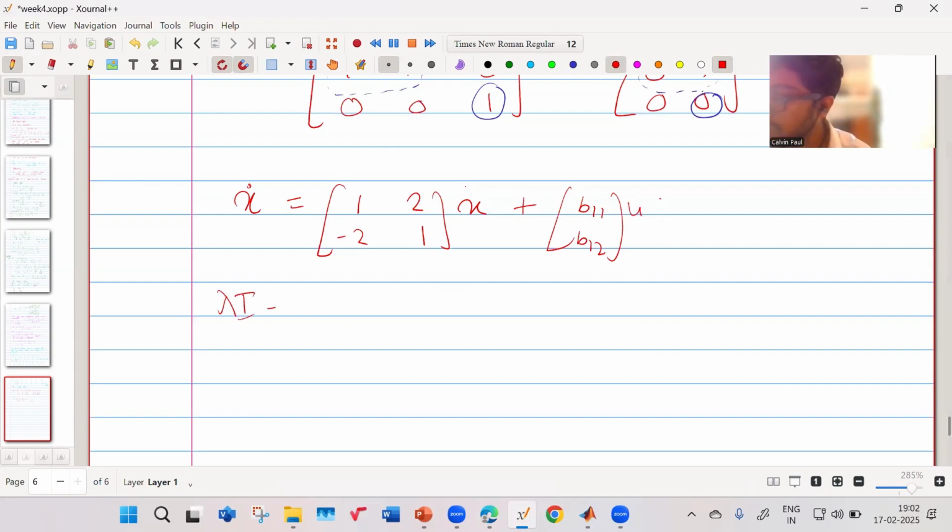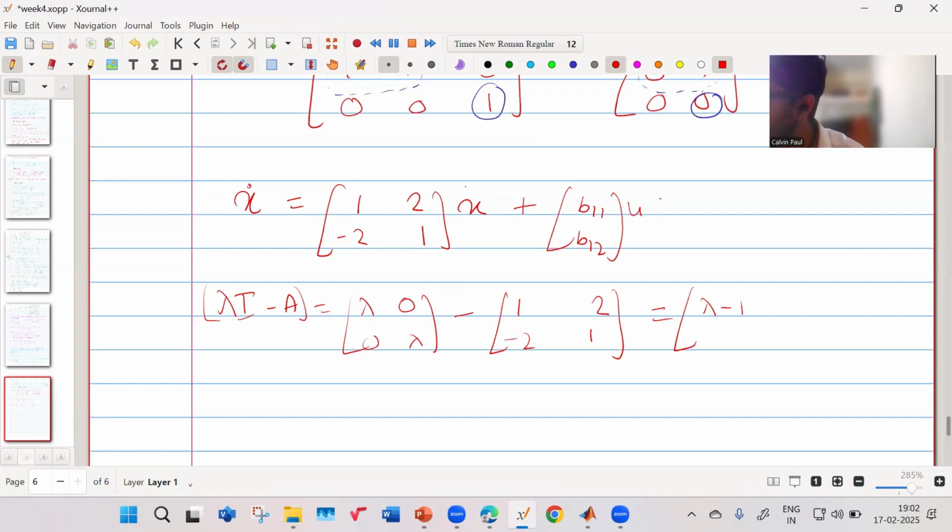So let's find the eigenvalues. So eigenvalues is what? Lambda I minus A. Okay. It is lambda 0, 0 lambda minus 1, 2, minus 2, 1. Okay. That comes out to be lambda minus 1, minus 2, 2, and lambda minus 1. So the determinant of lambda I minus A is equal to lambda minus 1 square plus 4.